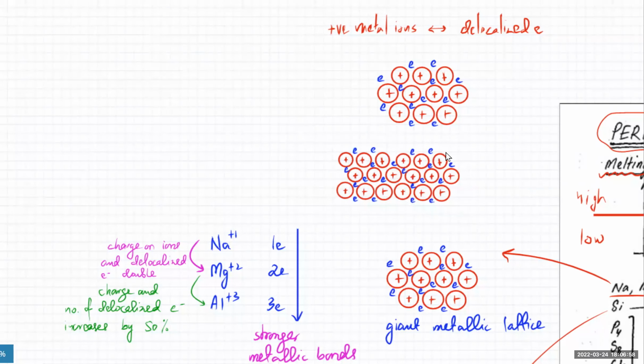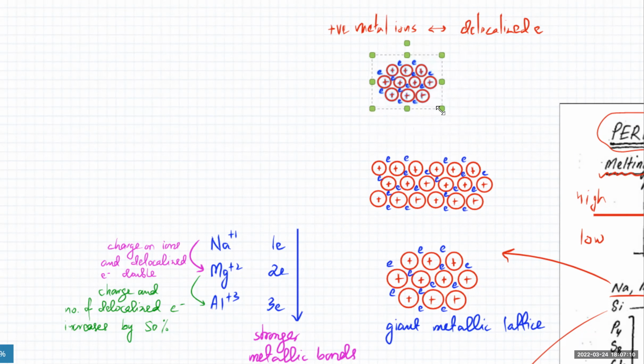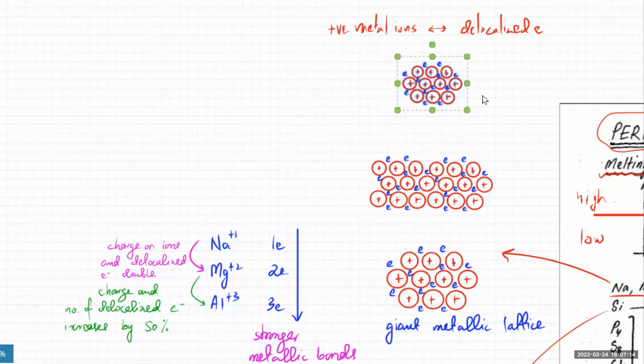So something like this. That is what Mg would look like. When you move to aluminium, it would be even more tightly packed, because it would be even smaller. Aluminium has 13 protons, right? So its metallic lattice would be even more tightly packed.